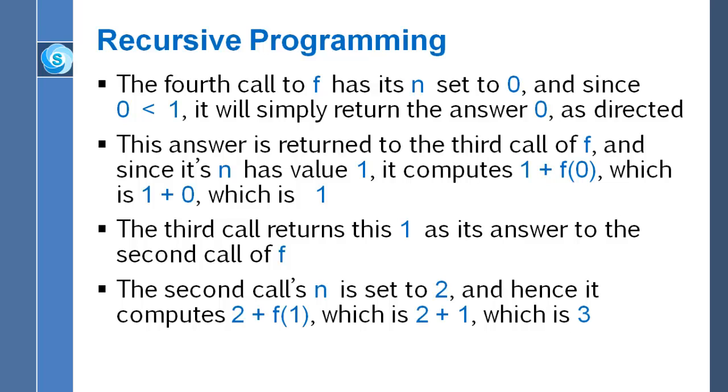So the computation 2 plus 1 is made, resulting in 3. And that is the answer to the second call's computation. That's the value that the second call is now going to return. The second call is going to return the answer 3 back to the first call.